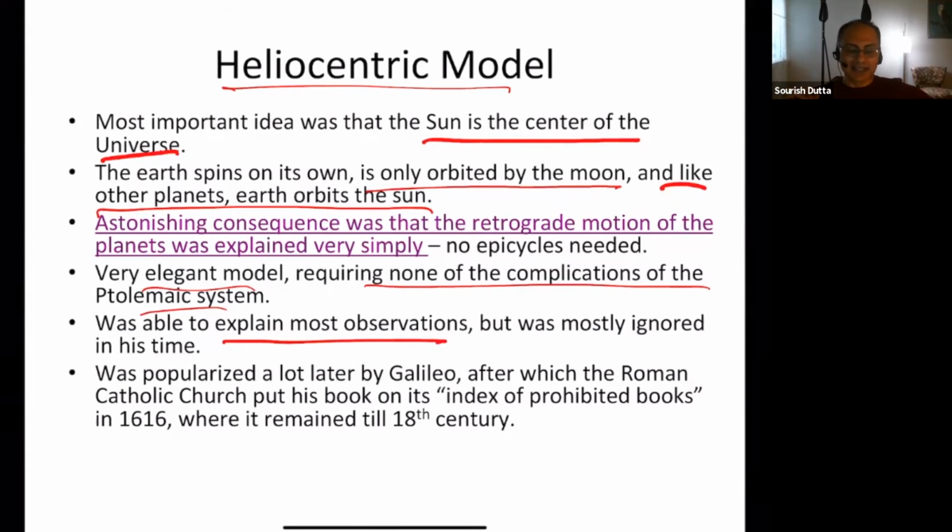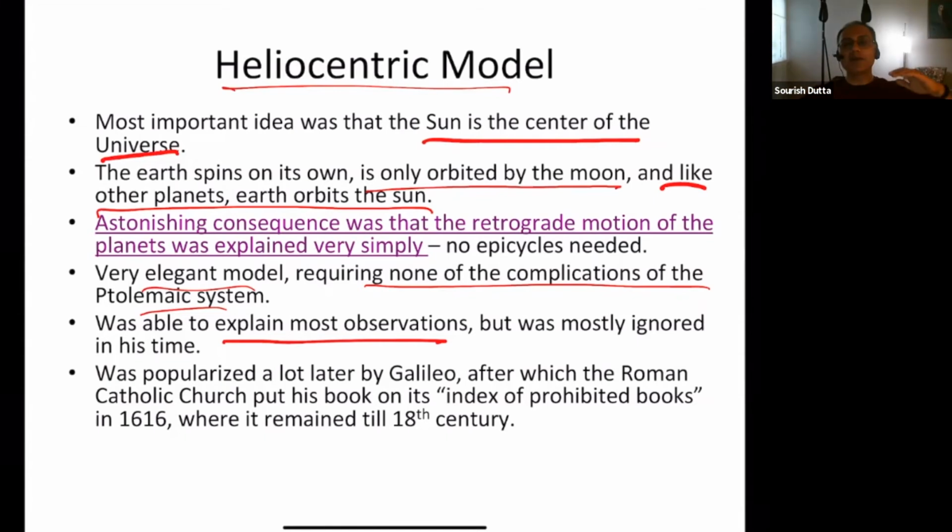So how good was Copernicus's model in explaining observations or in making predictions about the position of objects in the sky? It was able to explain most of the positions of the objects in the sky with reasonable accuracy, but it turned out that it was not any more accurate than the existing Ptolemaic model, right?